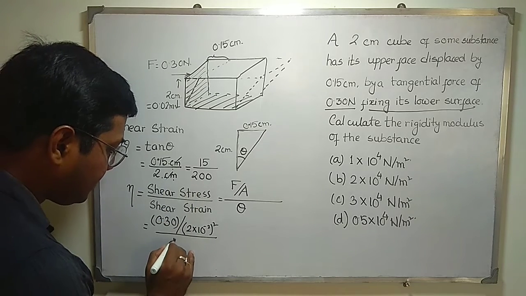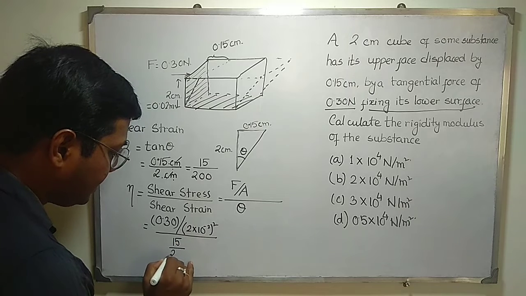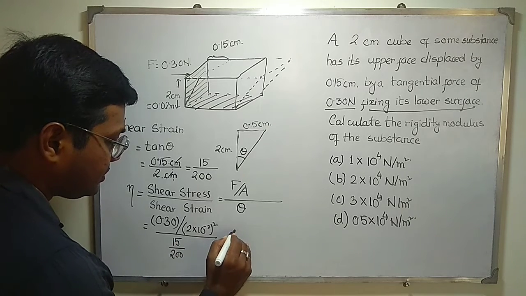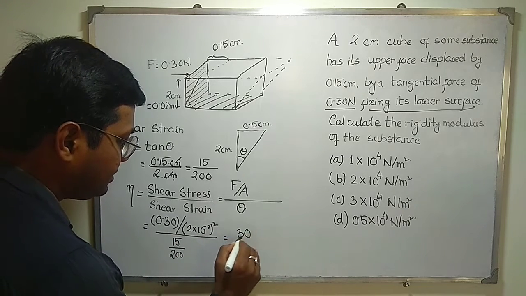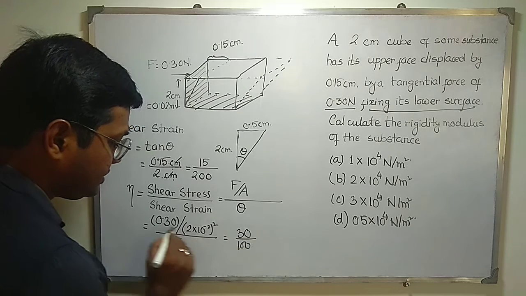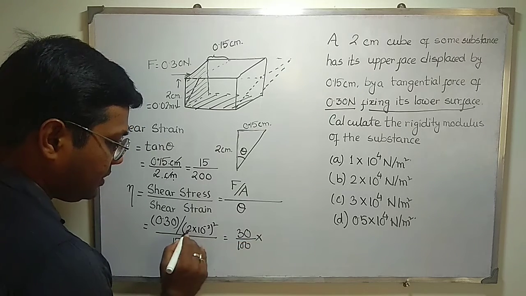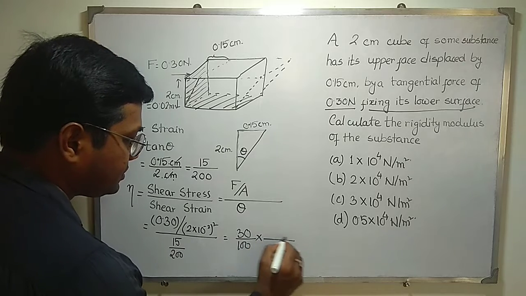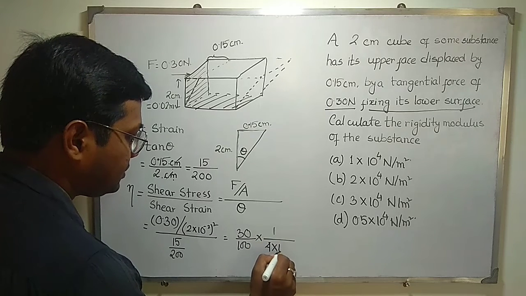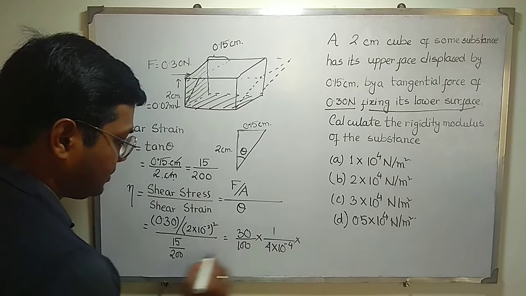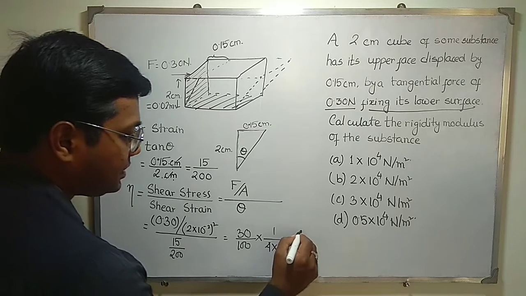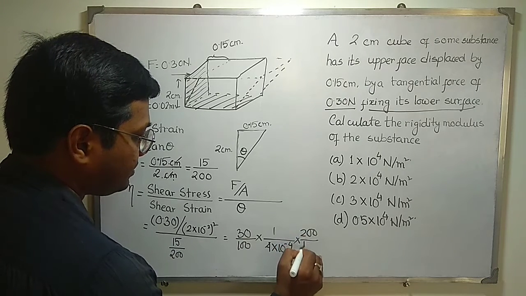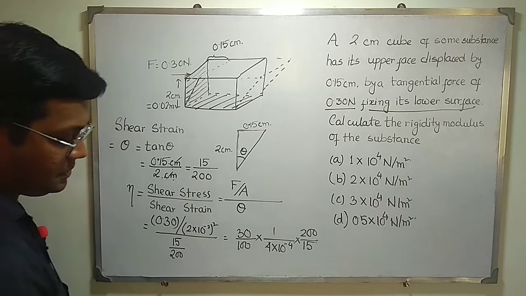Okay, so here it is 15 divided by 200. The calculation gives you 0.30 divided by 2 into 10 to the power minus 2 whole square, so I can write it as 4 into 10 to the power minus 4. It is 15 by 200, so it can be written as 200 divided by 15.